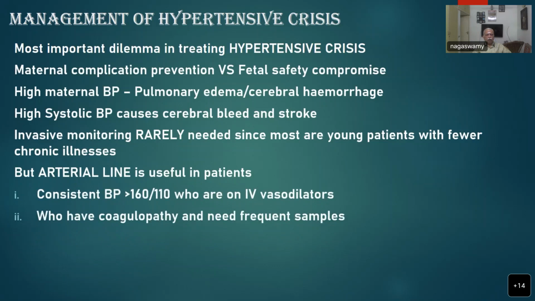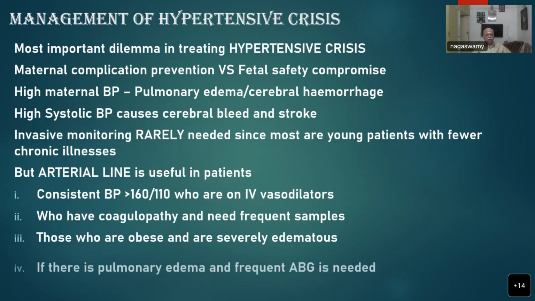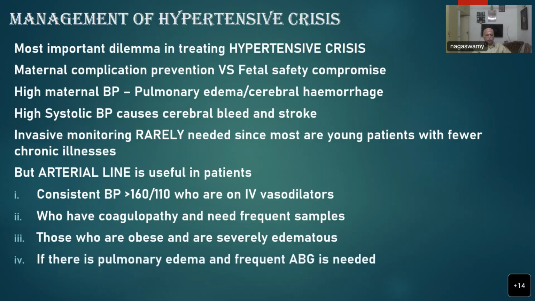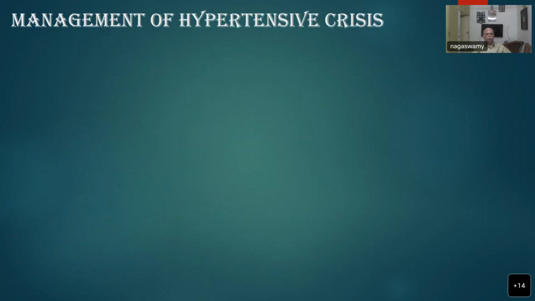And those who have coagulopathy and need frequent sampling to determine the coagulation profile as well as blood gas analysis will definitely benefit from an arterial line. And those who are obese or severely edematous, patients who have generalized anasarca, will also require an arterial line. And if there is pulmonary edema or frequent ABG is needed, again, they will require an arterial line.